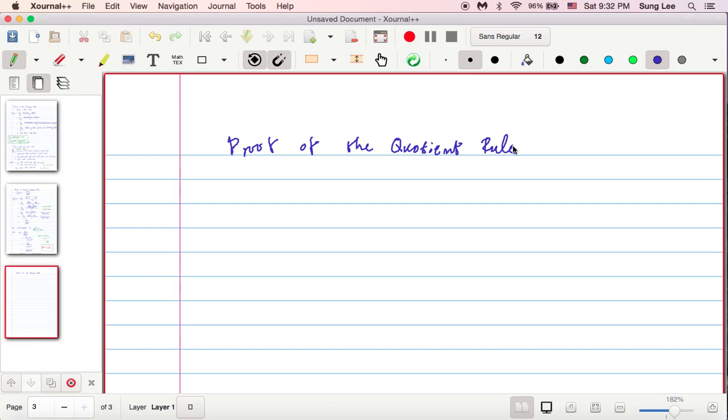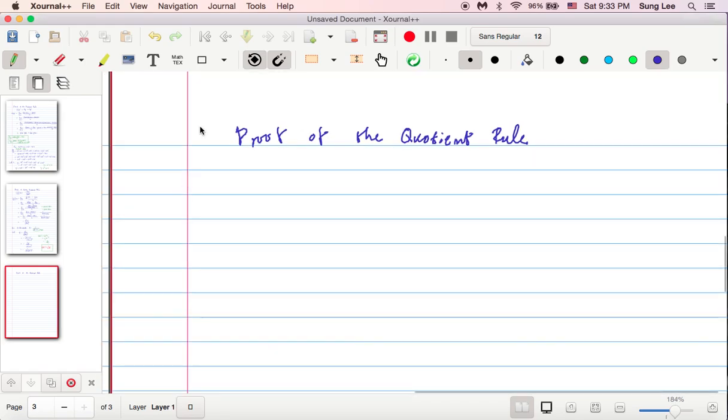Another way, which is my preference, is to first prove the baby quotient rule, because the proof is simpler than proving the quotient rule directly, which is still not difficult, but simpler. And then, using the product rule along with the baby quotient rule, you can get the quotient rule easily. That's what I'm going to do, and some books do that too.